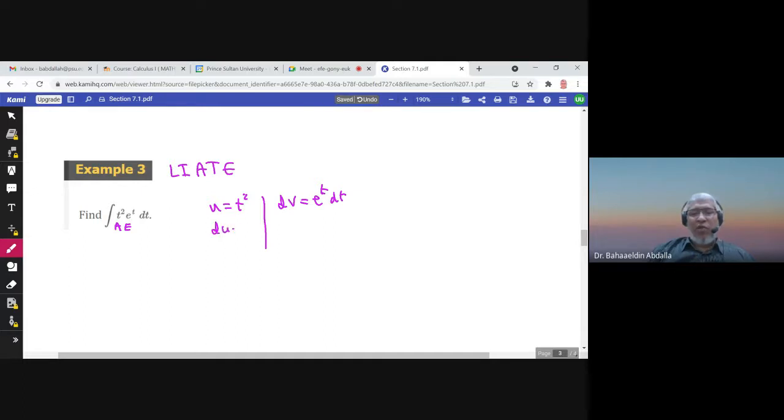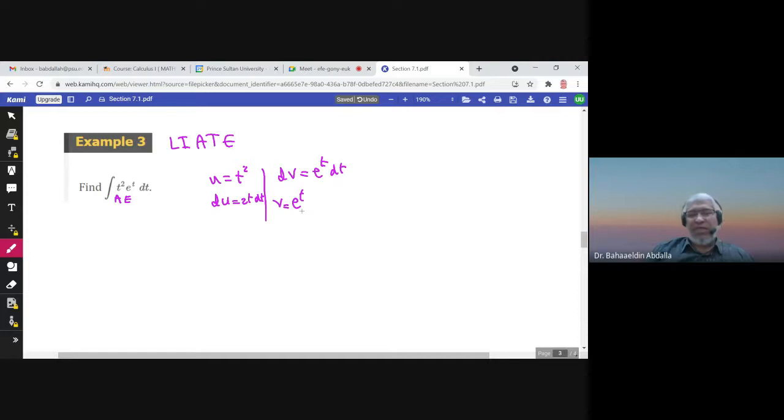Then du would be 2t dt, and v would be e^t. The integral of dv is v, and the integral of e^t is e^t. Notice that if you use the usual method, then this integral I would be equal to uv, which is t square times e^t, minus the integral of v du, which is 2t. I will write 2 outside, t times e^t dt.